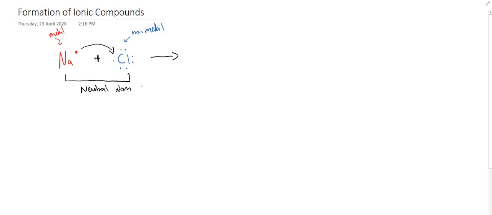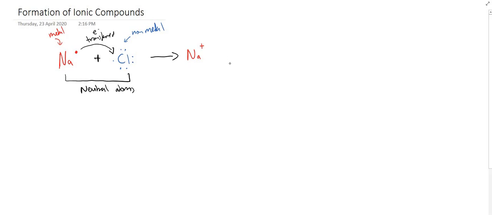And when that electron is transferred from the sodium atom to the chlorine, the sodium loses the electron and the chlorine gains it. And what we have is we form our ions. Sodium no longer has that electron, so he forms a positive cation.